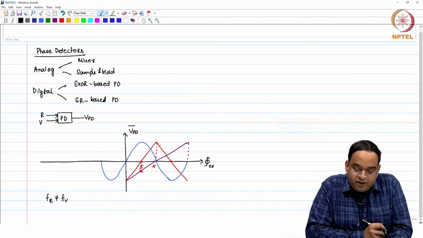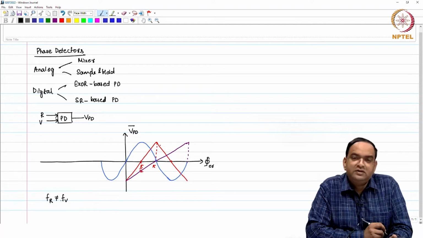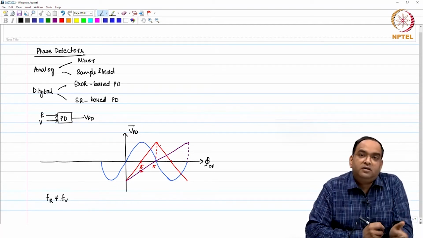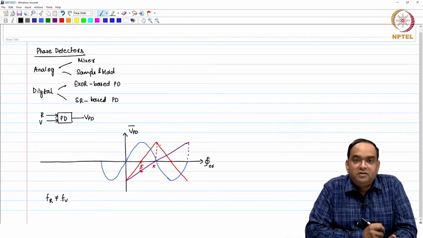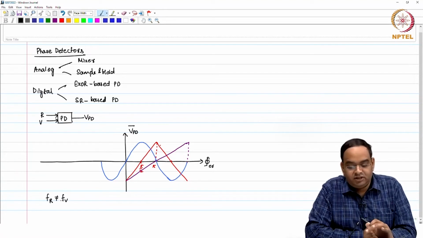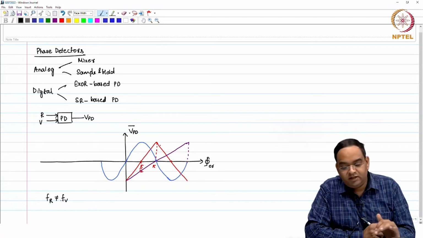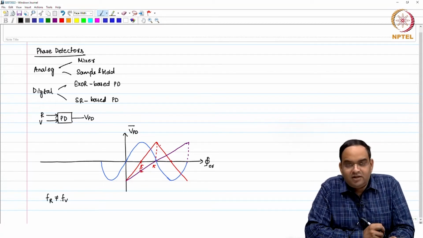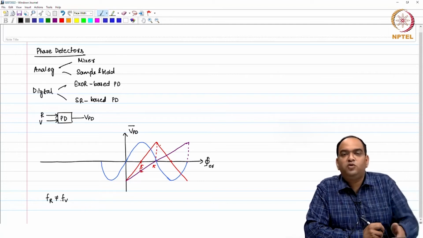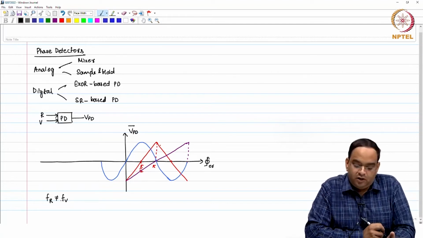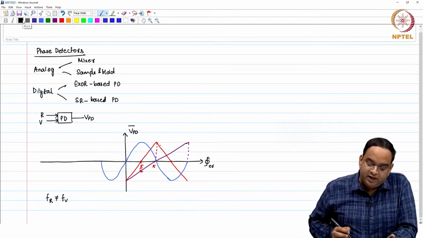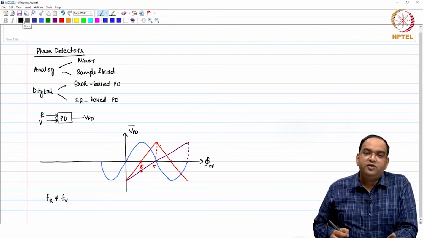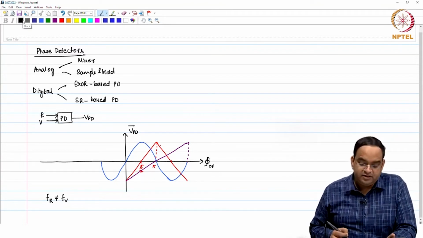If it is sinusoidal, then you have seen if the two frequencies are not the same, the phase error will keep on increasing. If it is in a closed loop, then based on the loop operation, you will recover the frequency. But here we are looking at whether we can detect the frequency error by using the phase detectors.